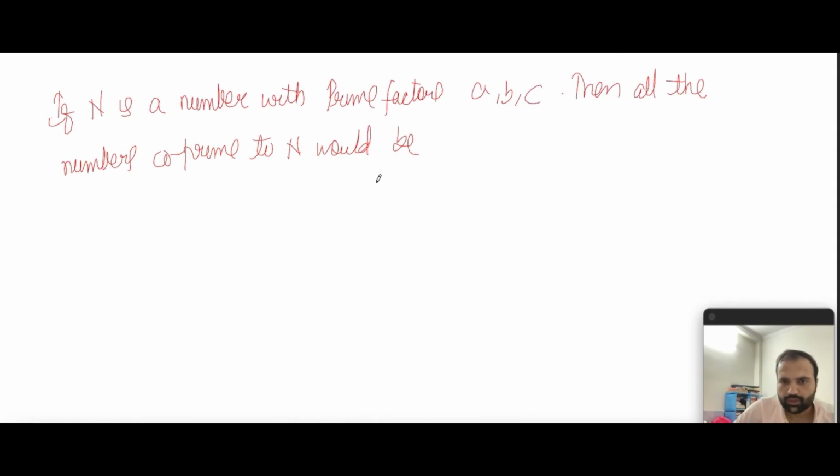See, I'm just taking a number as well so that it is easier for you to understand. Let's say we have 120, so 120 is 40 into 3, which is 8 into 5, so we have 2 cube into 3 into 5. So this is n, and these are the prime factors, a, b, c.